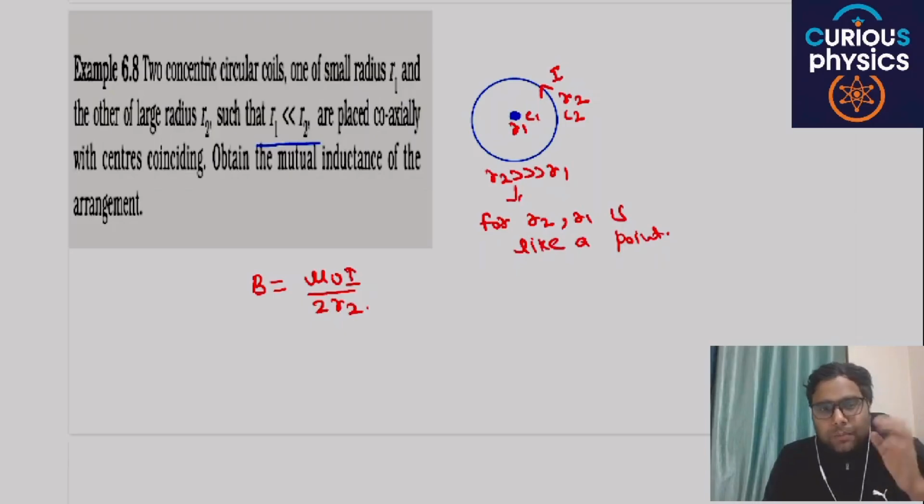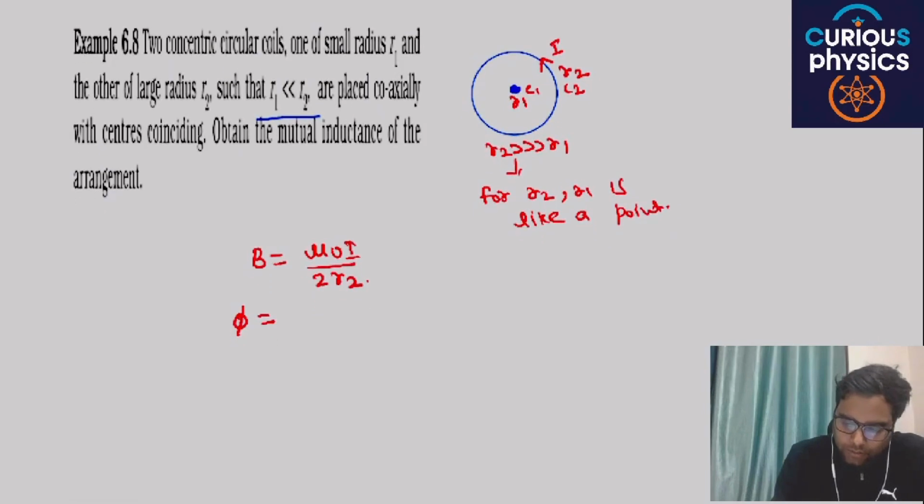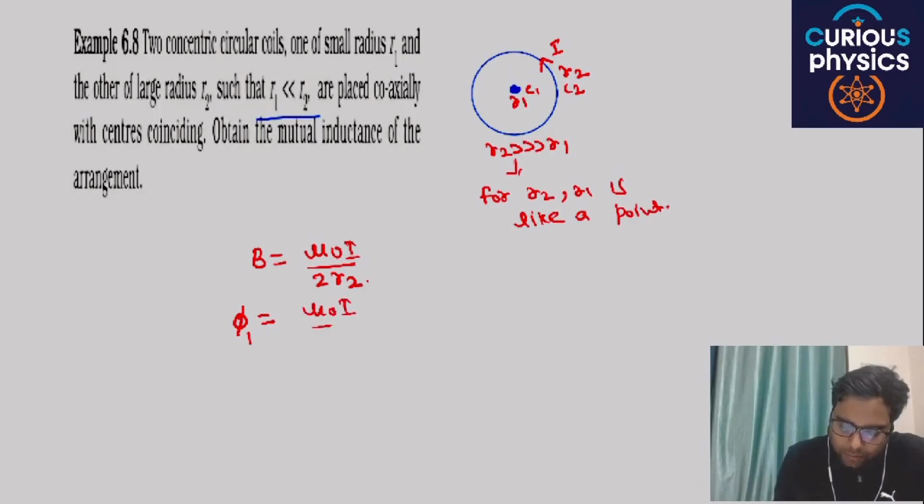Now the flux passing through coil 1 is nothing but B into A, that is mu naught I by 2r2 into pi r1 square.